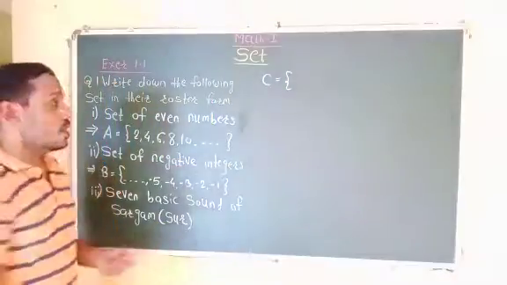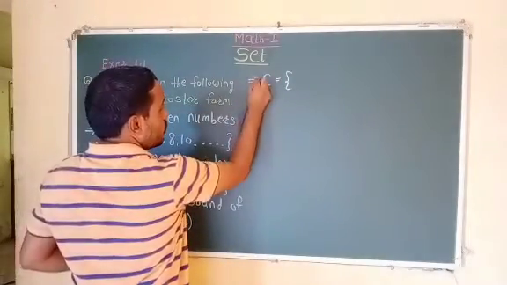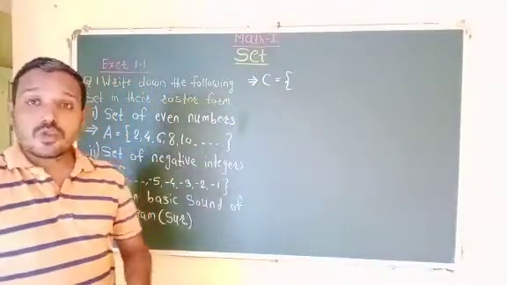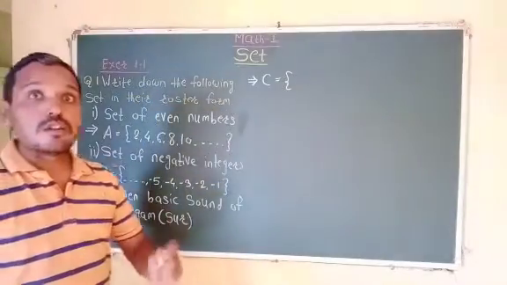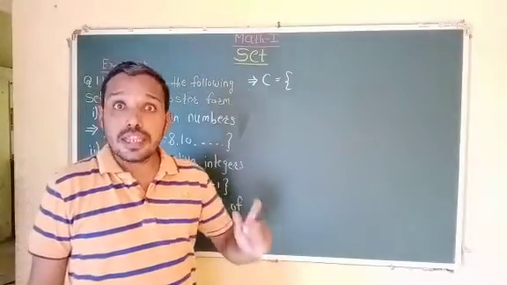The answer is C is equal to. Which are the 7 basic surs? Sa, re, ga, ma, pa, dha, ni.